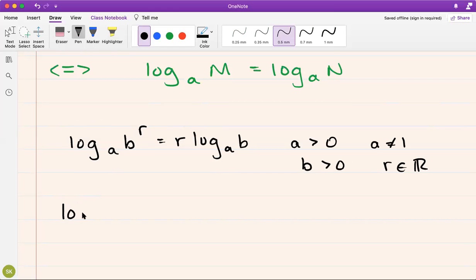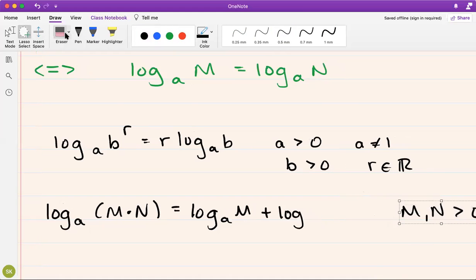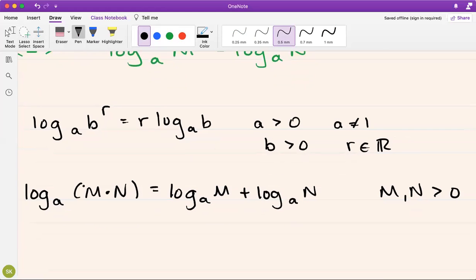We also have that if we have log base a of m times n, where m and n are greater than 0, this is equal to log base a of m plus log base a of n. So remember, multiplication inside a logarithm becomes addition on the outside of the logs.